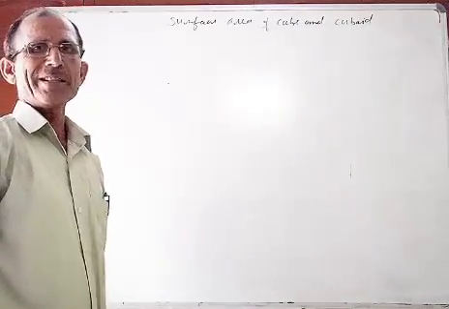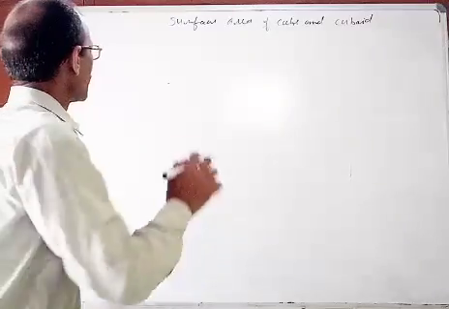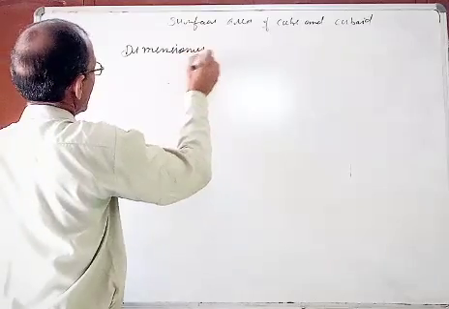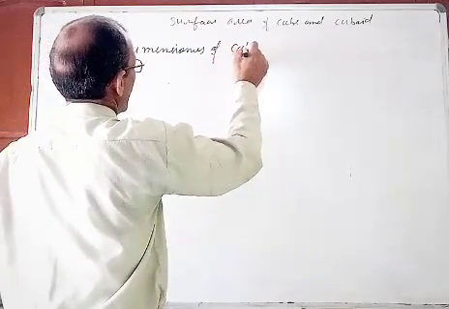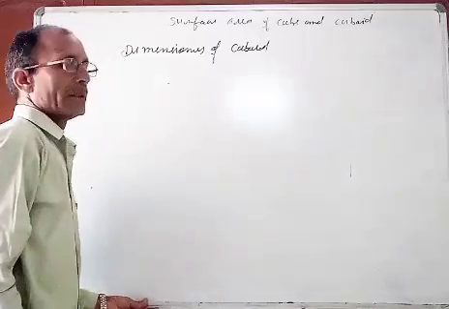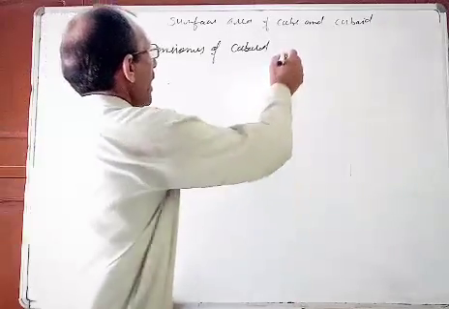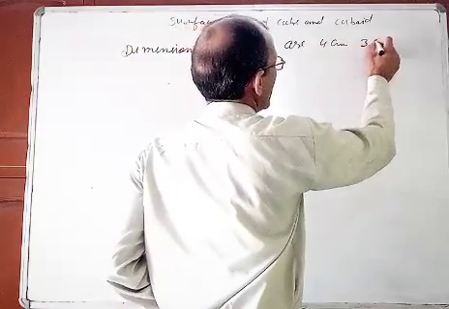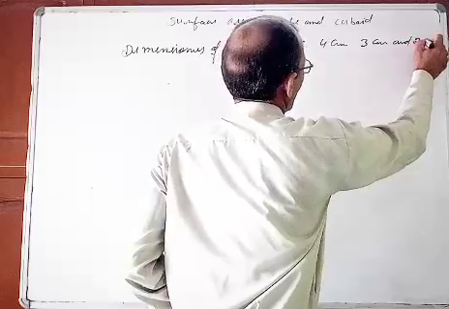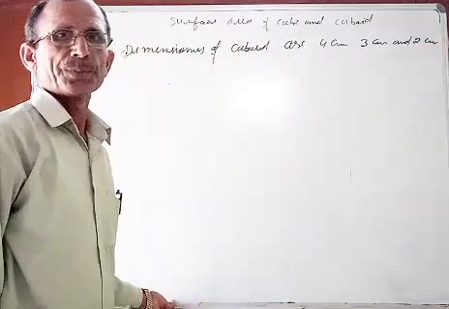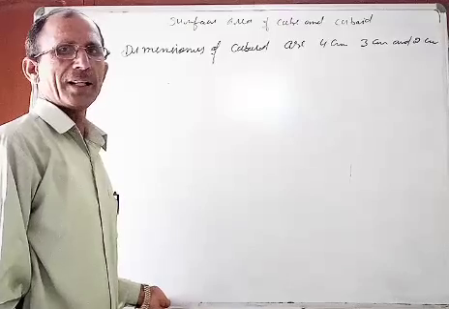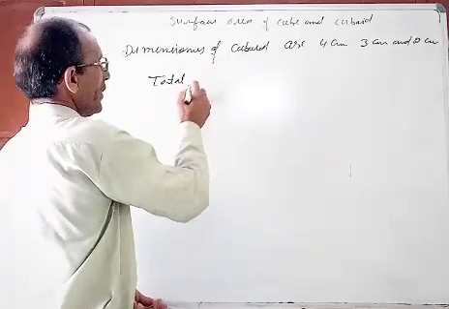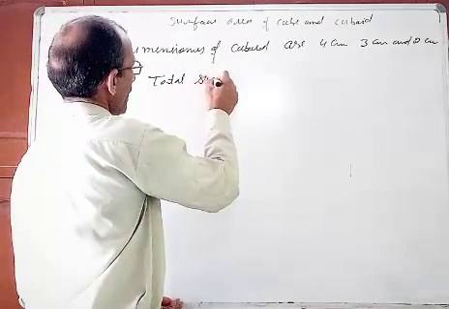Dimensions of a cuboid are 4 centimeter, 3 centimeter and 2 centimeter. So we have to find the total surface area.